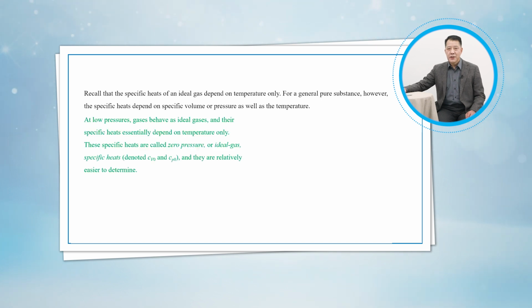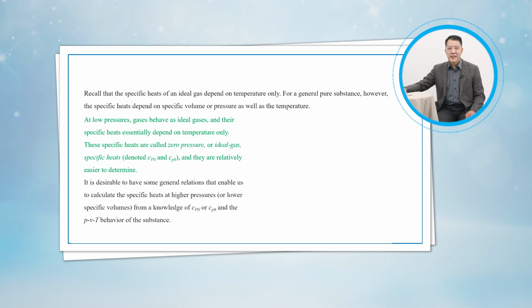At low temperatures, gases behave as ideal gases, and their specific heats essentially depend on temperature only. These specific heats are called zero pressure or ideal gas specific heats, and they are relatively easier to determine.